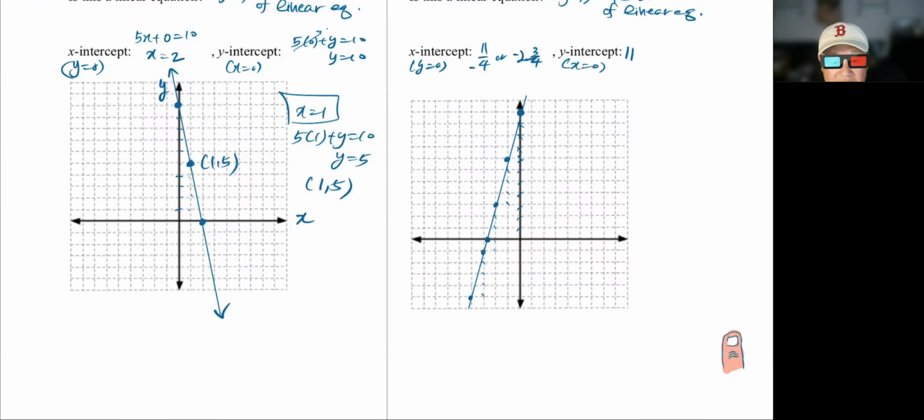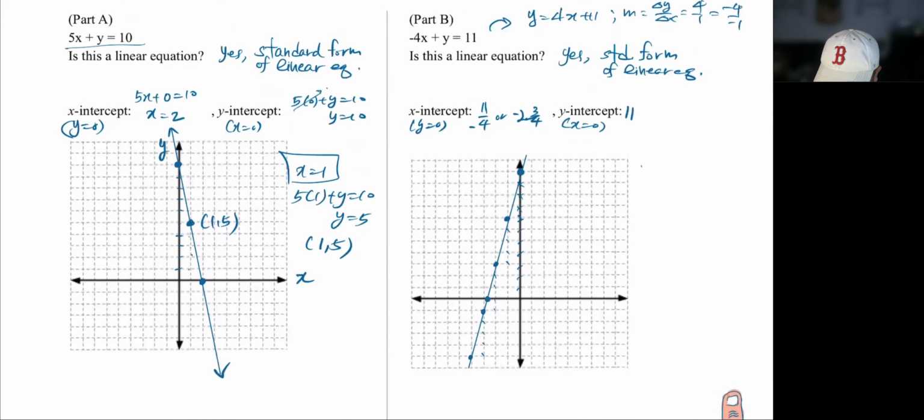Now it is asking me to find at least one other point, right? By knowing the slope, we found more points. So let's make this one x equal to negative 2, right? So let's set x equal to negative 2 and plug into the equation.